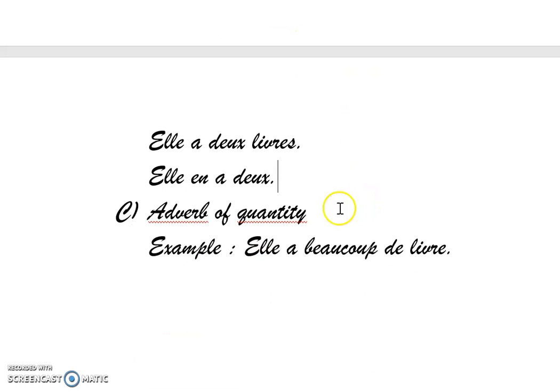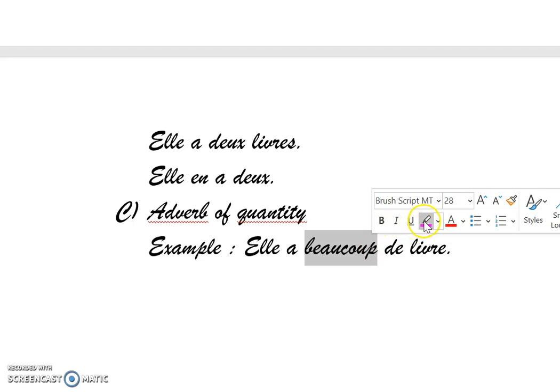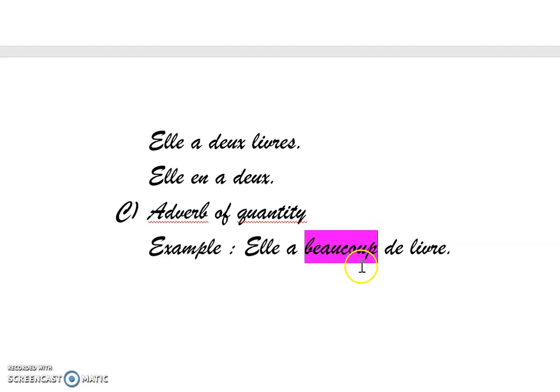Now the third rule is adverb of quantity. When you have adverb of quantity, you have to do the similar way we did in the previous exercise. That is, we write back your the adverb of quantity without the. So here again, livre is your noun.